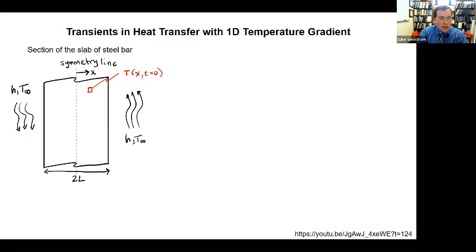I'm looking at the temperature at some position x, but initially, before the heating or cooling has happened, we're going to say that the temperature everywhere is equal to just some initial condition Ti. So initially the bar is going to have a flat temperature profile, and we're either going to heat it up from that or cool it down from that flat temperature profile. And we want to see what's happening in time. So this is called our initial condition.